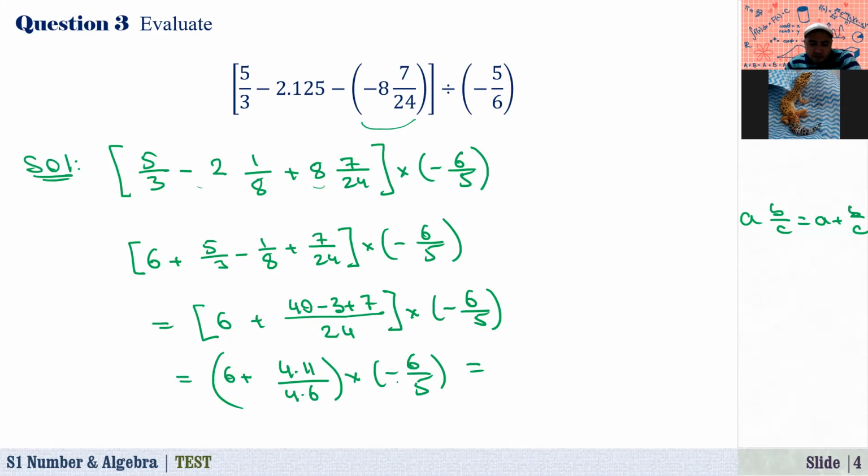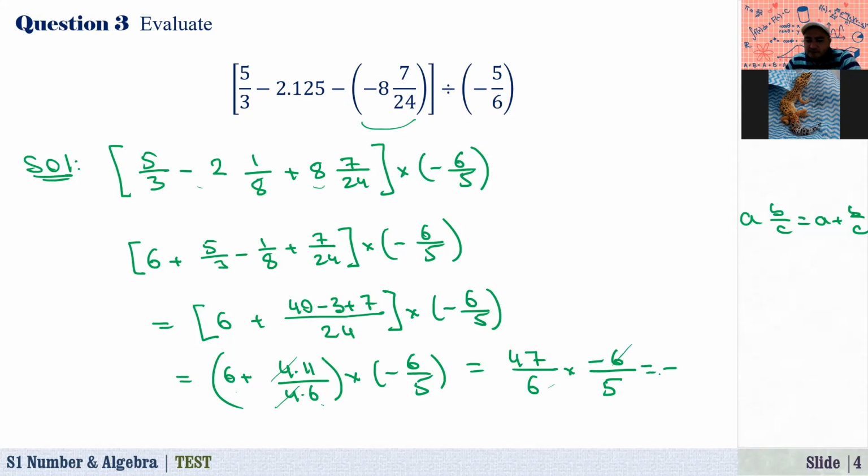To multiply these two fractions, we have to change this mixed number into an improper fraction. So 6 times 6, 36, because these 4 are gone. 36 plus 11, that is 47 over 6 times minus 6 over 5. So the 6 is gone.